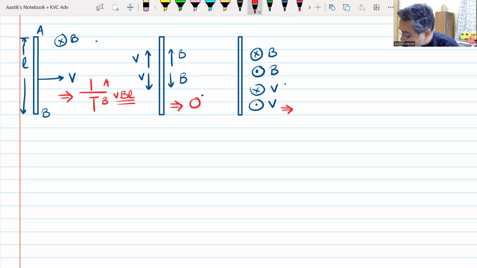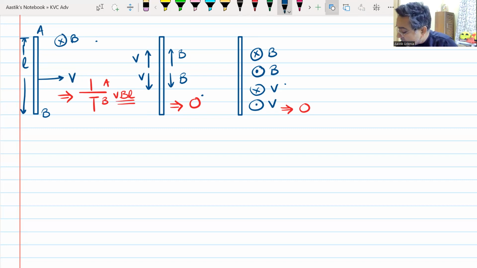Do we understand this? Yes. So in any case where any of the vectors are parallel, the EMF induced would be 0. Do we understand this?